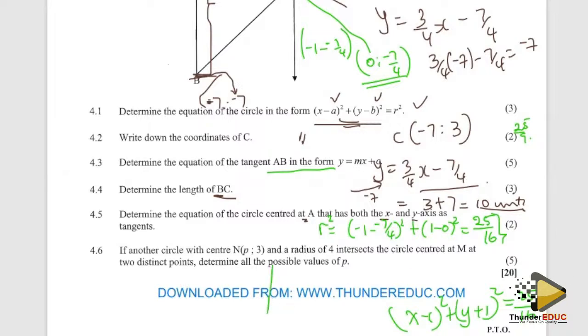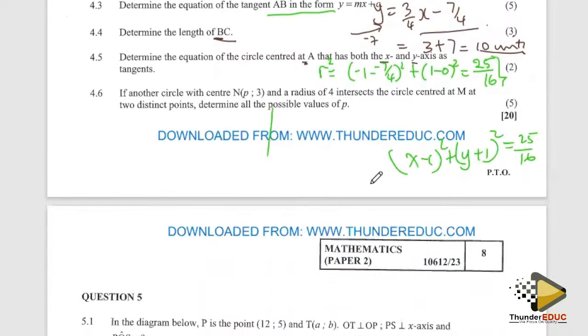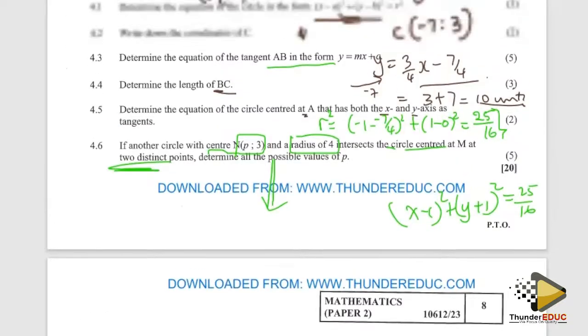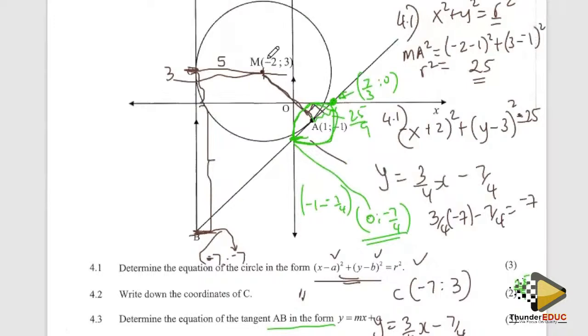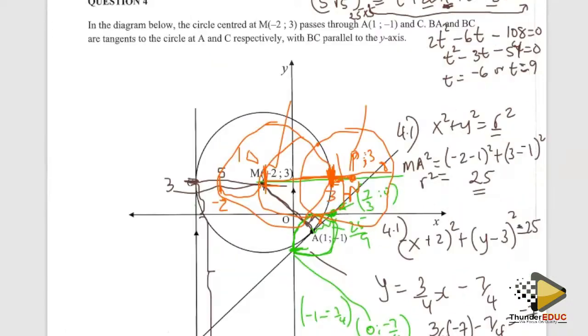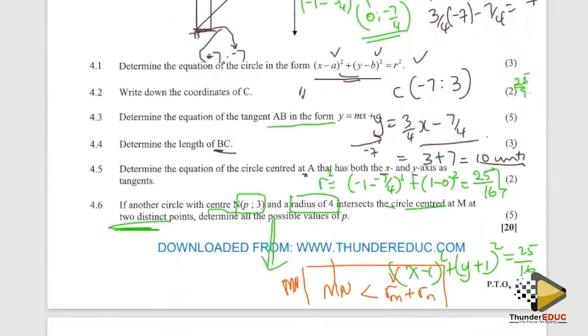Then 4.6. They're telling us that there's another circle with a center N, which is P, 1, and the radius of this circle is 4, and it intersects the other circle at M at 2 points. So let's go back. If there's another circle using the same horizontal, I'm going to say negative 2.